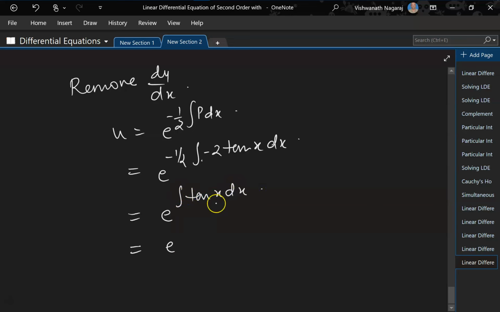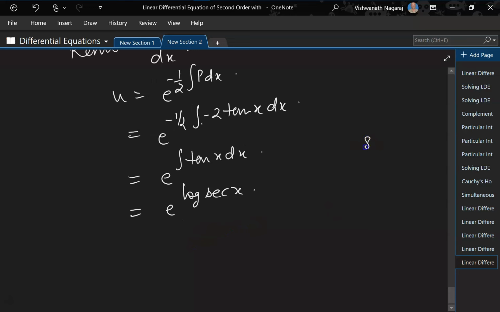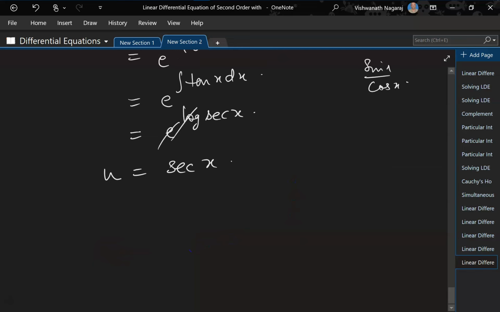Now if you remember, great. If you don't remember, you have to figure this out very quickly. So this is actually log of sec x. Basically, you just write it as sin x by cos x and apply the quotient rule. Okay, so now here e and log cancel out, and you are left with sec x. So u is equal to sec x.